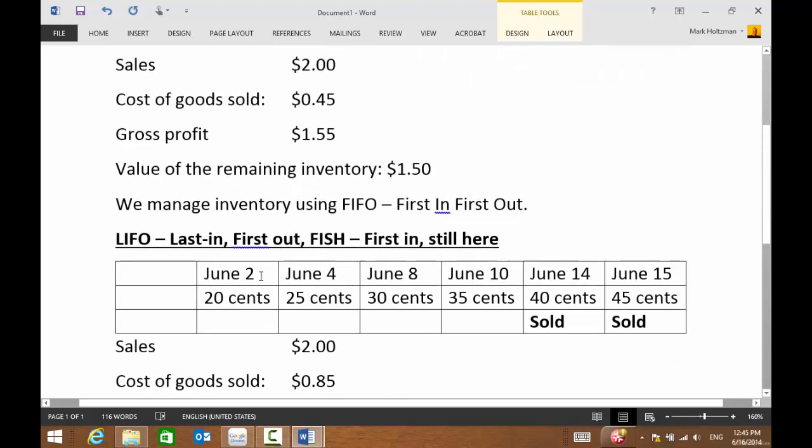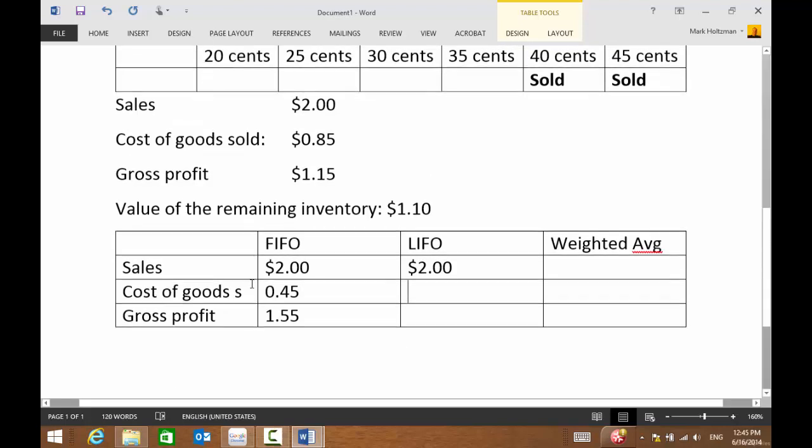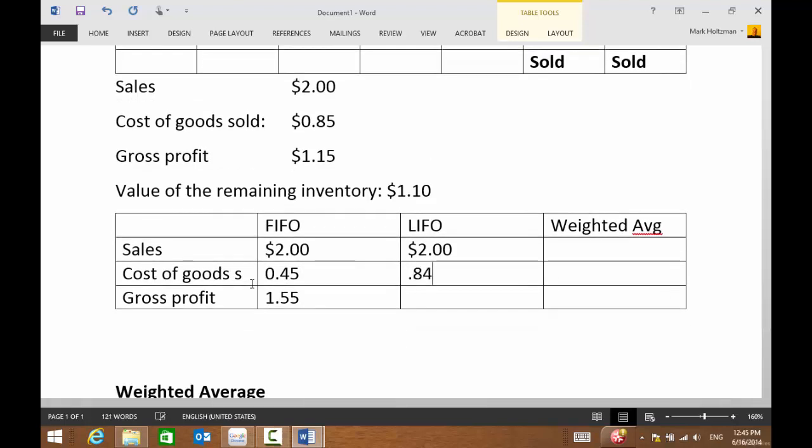Under FIFO, my cost of goods sold was 45 cents. So my gross profit was $1.55. Under LIFO, my cost of goods sold was 85 cents. So my gross profit was $1.15.